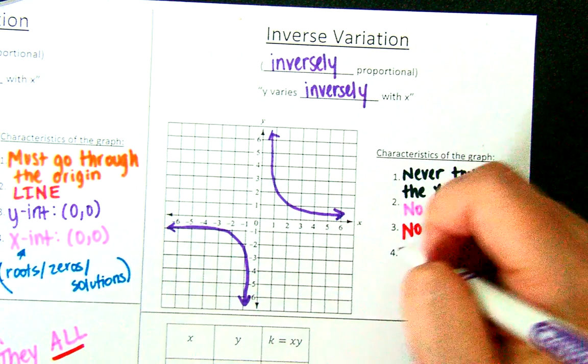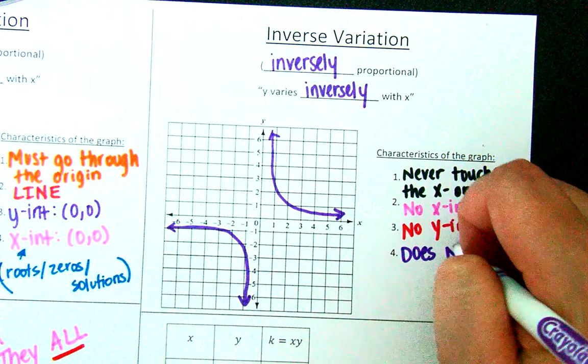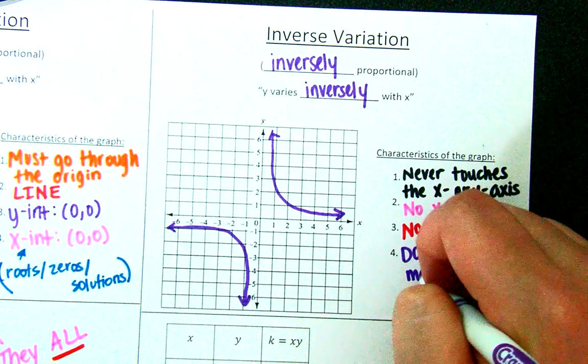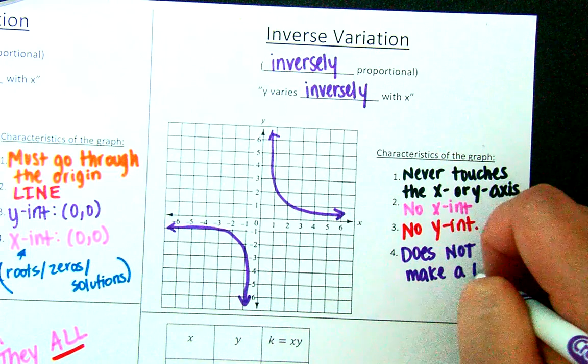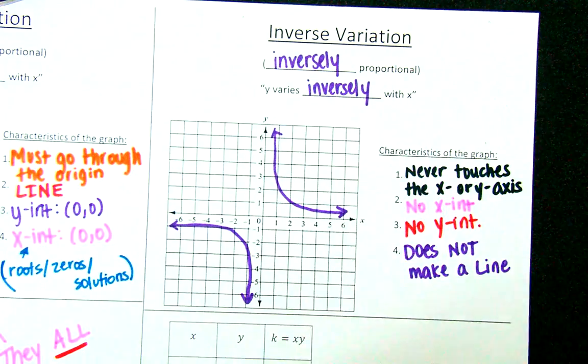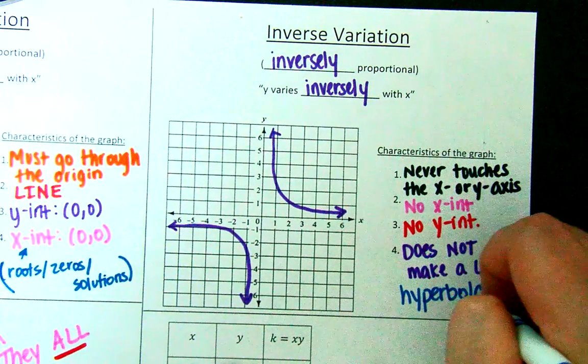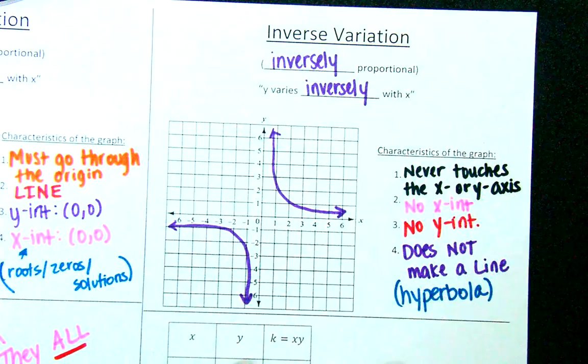And then the last characteristic, it does not make a line. It's called a hyperbola.